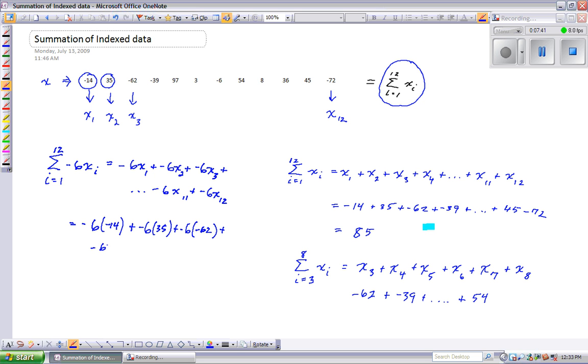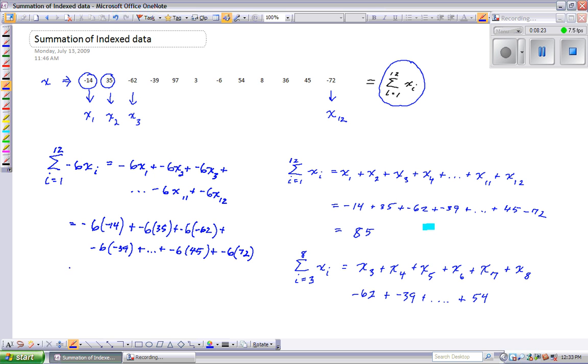Basically, you're doing this for all 12 numbers, plus and so on, negative 6 times x sub 11, which is 45, and then 72. Now we could do all this out. Negative 6 times negative 14 is 84, negative 6 times 35 is negative 210, negative 6 times negative 62 is positive 372, and we could add up all these results.